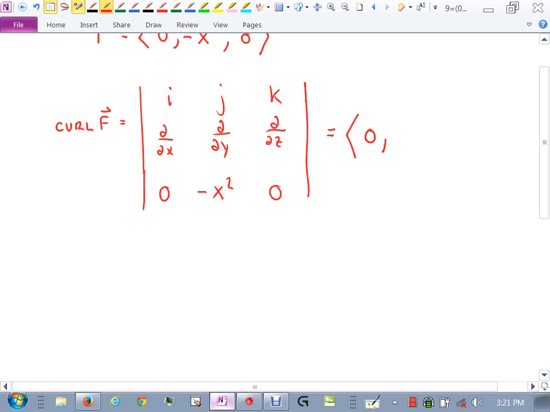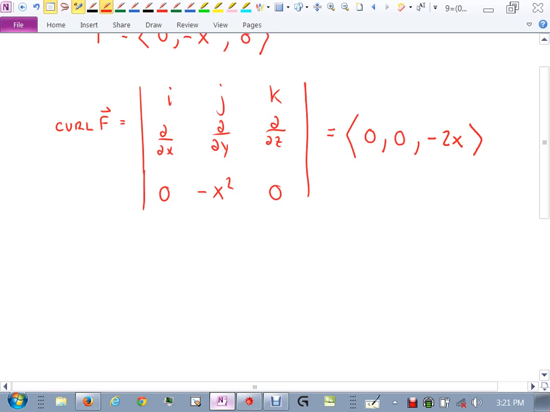The j-th component, 0. Right? Cover this up and go across there. The k-th component is going to be the only action here. What do we get? Minus 2x? Is that it? So that's the curl, right?